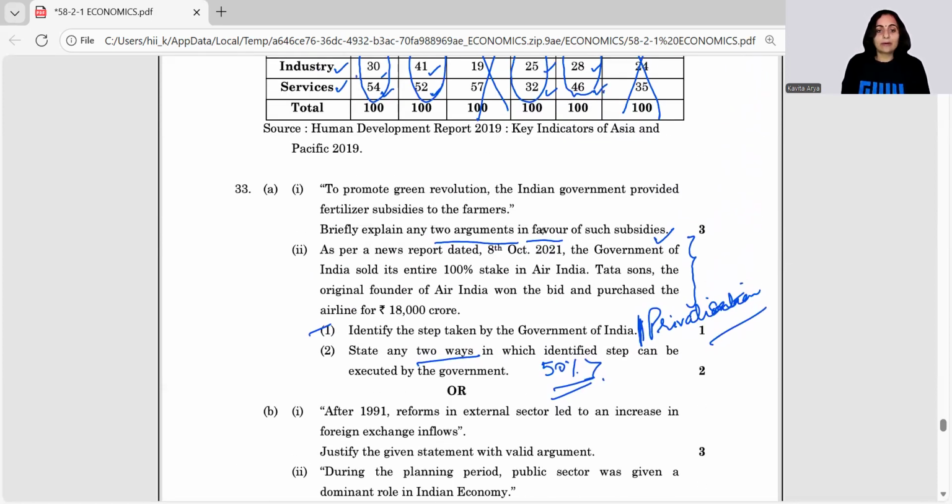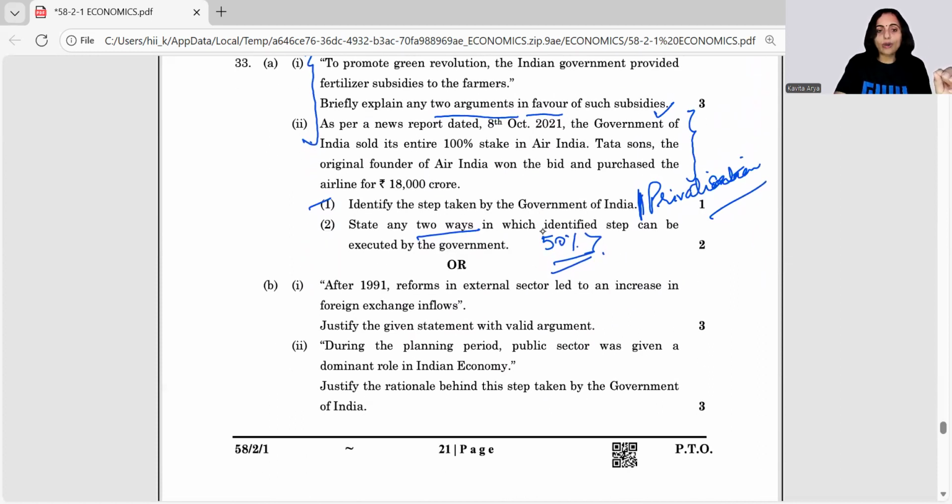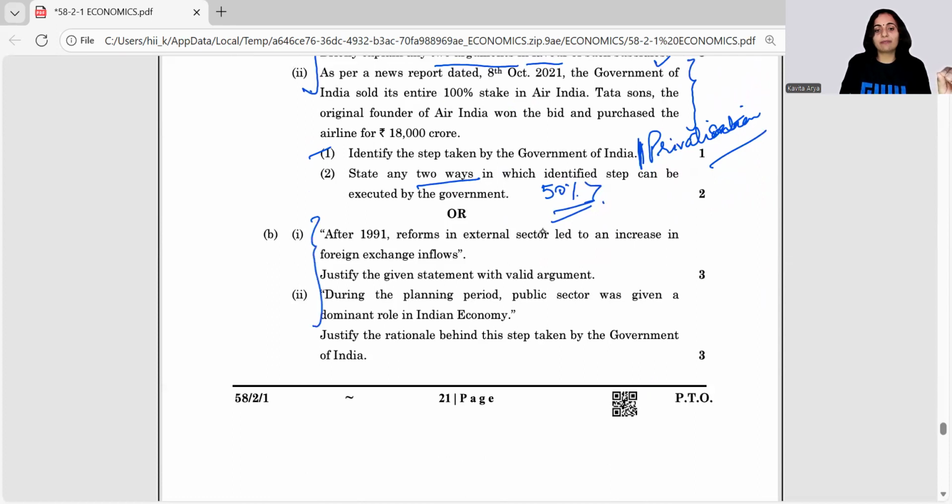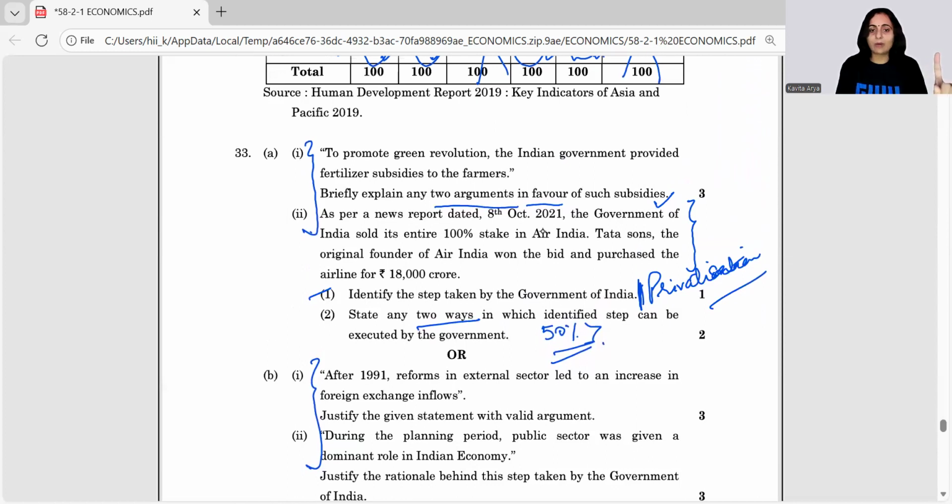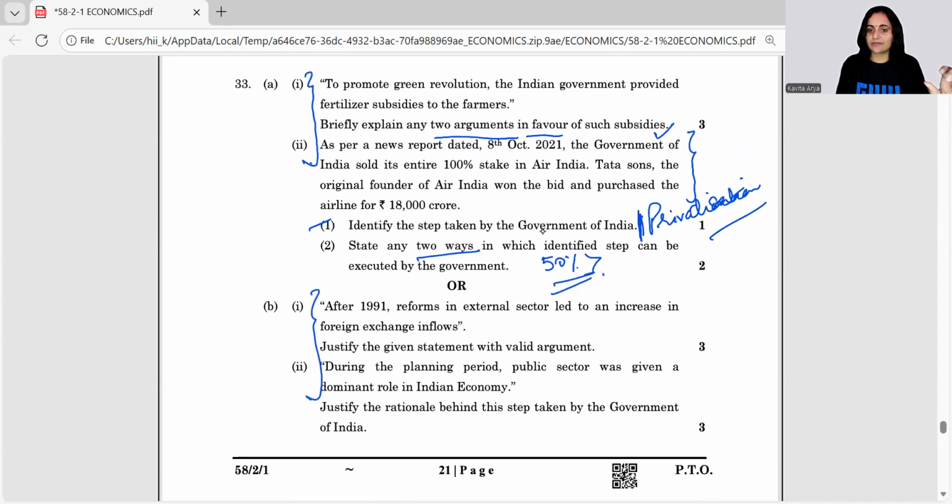Either you go for the first and second part of A together, or you go for the first or second part of B together. Students sometimes get confused. They do one out of the A part and one out of the B part, and that is a huge loss for them.